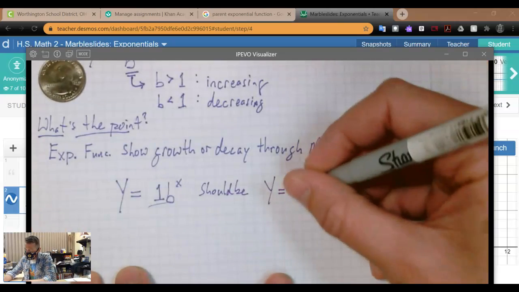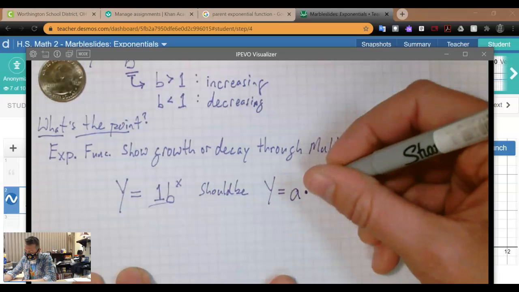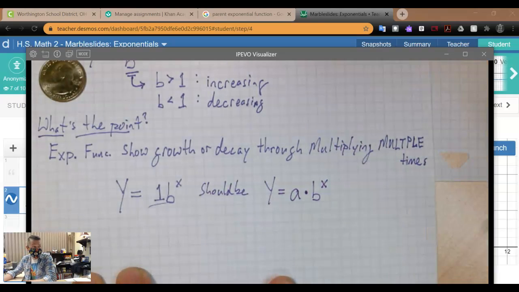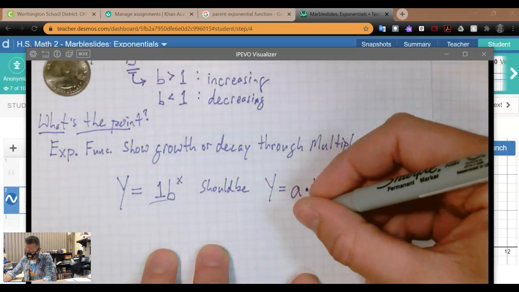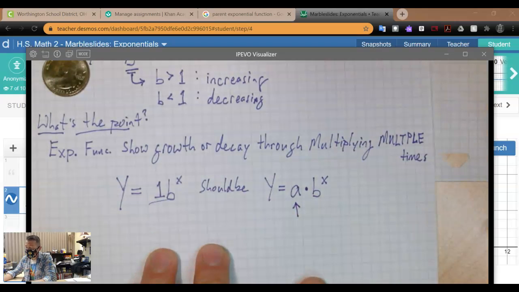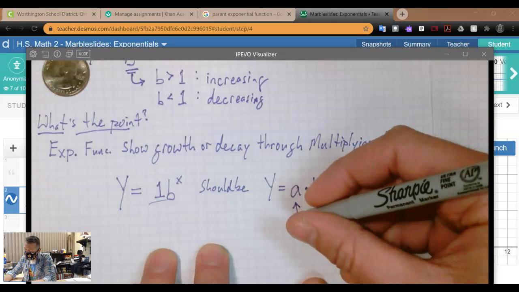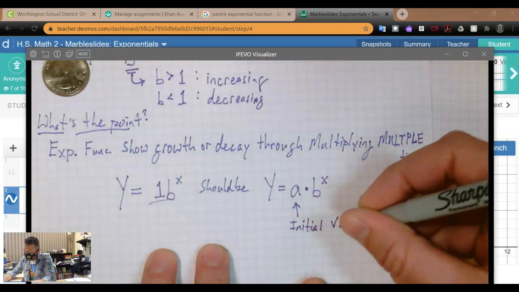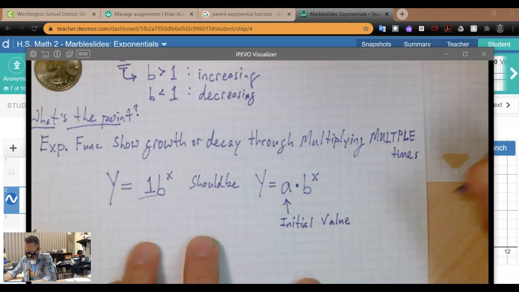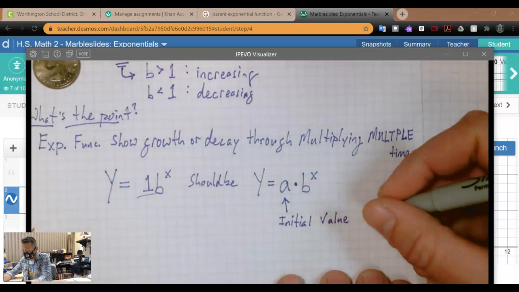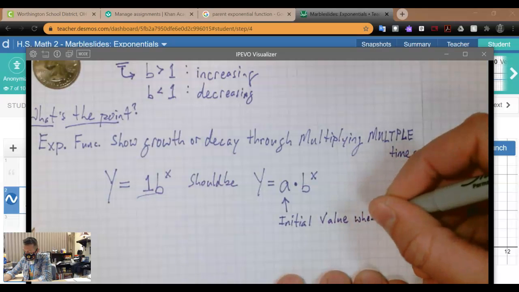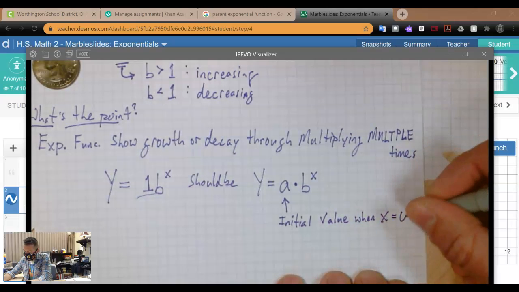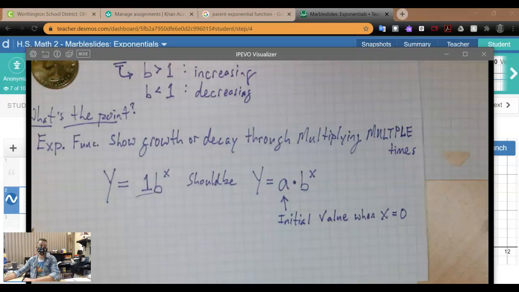y equals a times b to the x, where a is what we call the initial value when x is 0. Because guys, think about it.